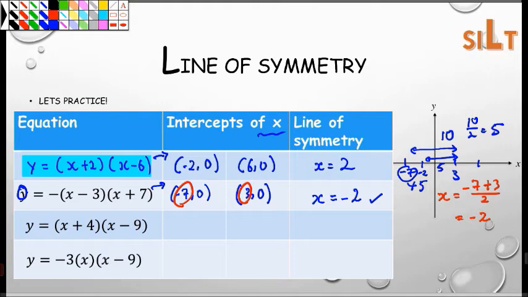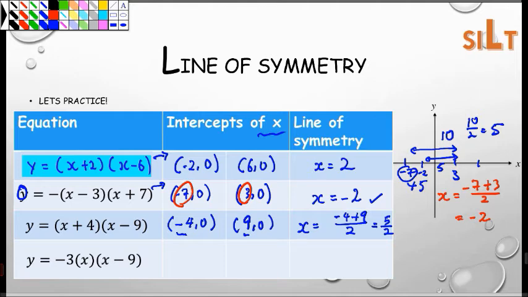Alright, check the answer for the third one. So we say that the x-intercepts are negative 4, 0 and 9, 0, and the line of symmetry will be taking these two numbers, adding together, and dividing by 2. So therefore the answer will be 5 over 2.